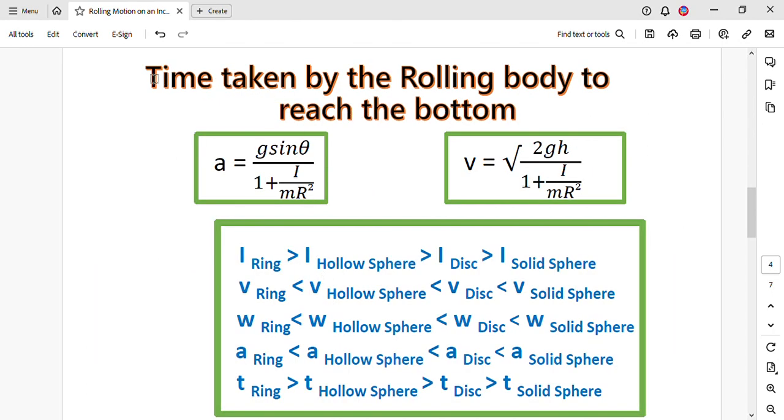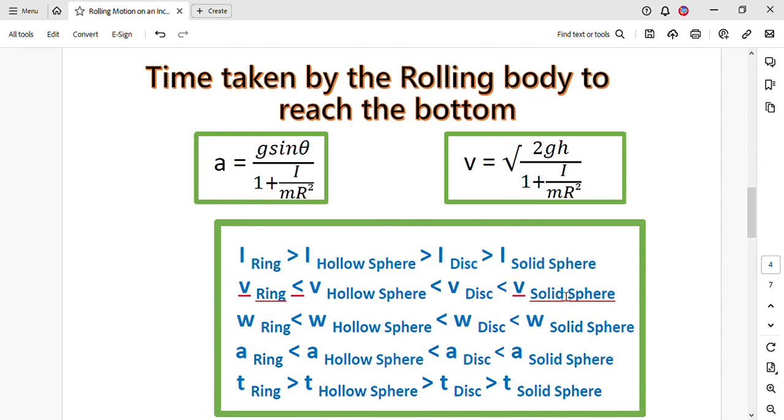In this we will study the time taken by a rolling body to reach the bottom. As we see, the acceleration formula is this and the velocity formula is this. We have seen that the velocity of the ring is less than the velocity of the sphere. The solid sphere has larger velocity at the bottom and the ring has minimum.